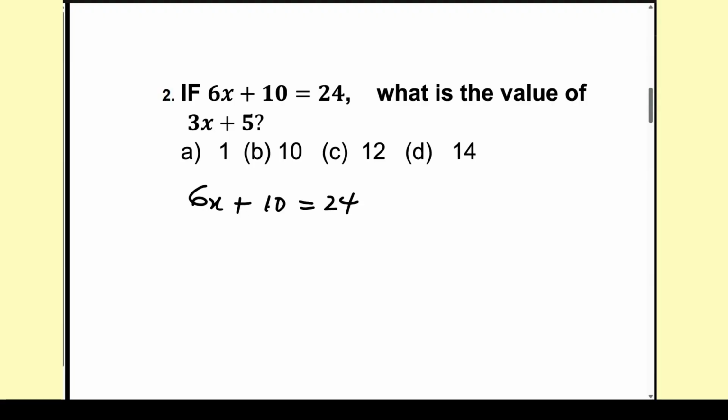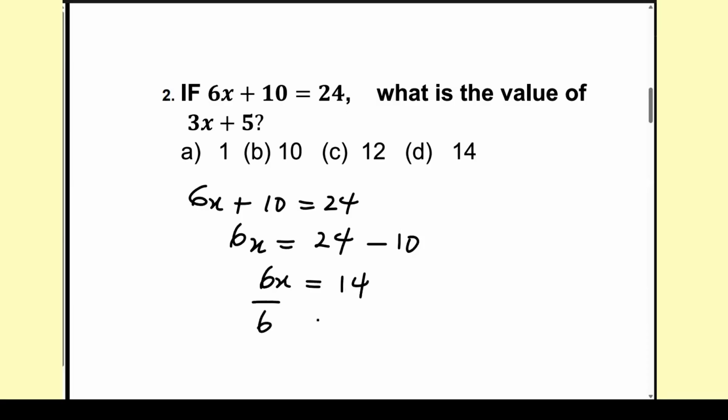Now, we just take 10 to the right hand side. So we have 6x is equal to 24 minus 10, because it's positive here, so if you cross it, it becomes negative. Now 6x is equal to 14.